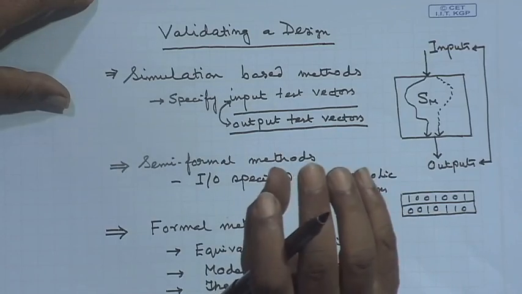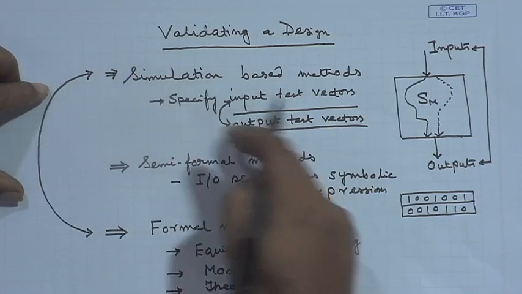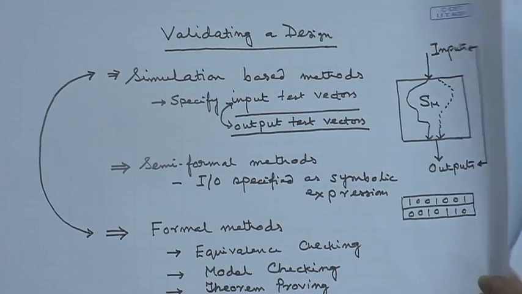Then we try to see whether the specified symbolic expression, that depicts the input, gives an expected output in the form of a symbol, and when we give the input and process it through the symbolic model, we come to an output and we check whether this output corroborates with the expected output. All right. However, we will be concentrating on these two in this course. This can be done later on also.